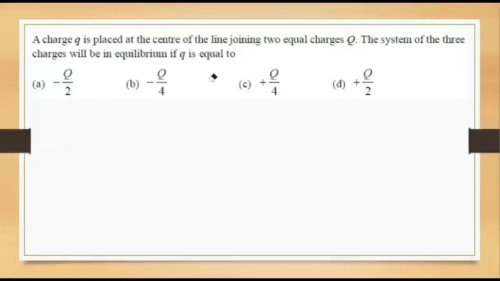So the next question: a charge small q is placed at the center of the line joining two charges of capital Q. So that is a capital Q charge, and this is another capital Q charge. They are positive only, because nothing is said.